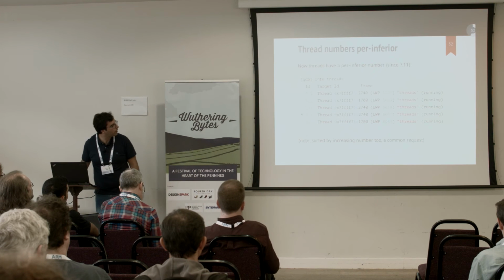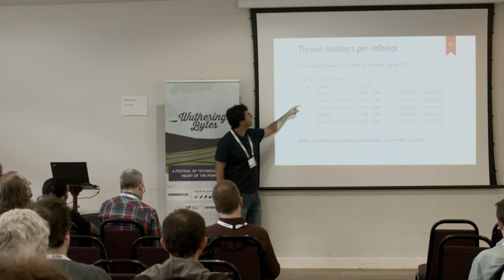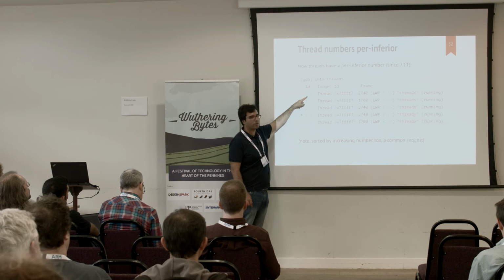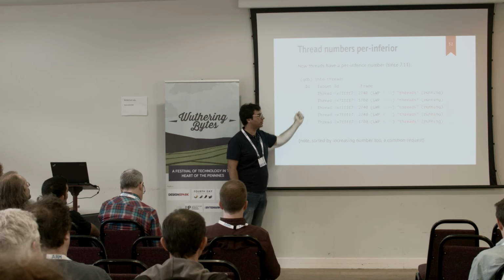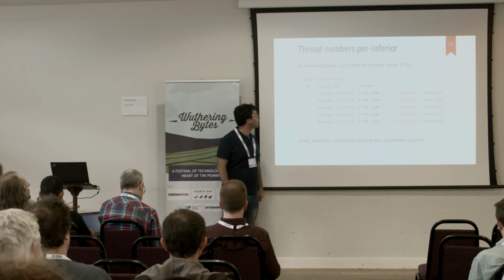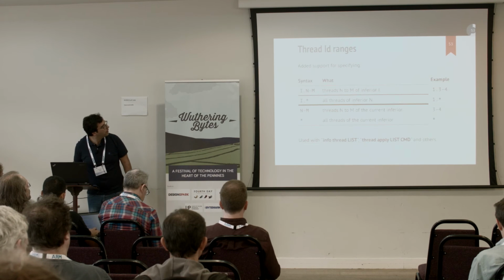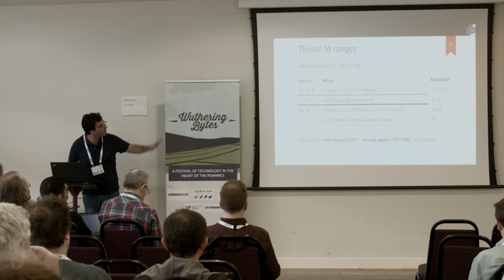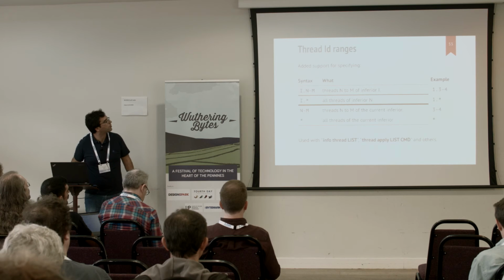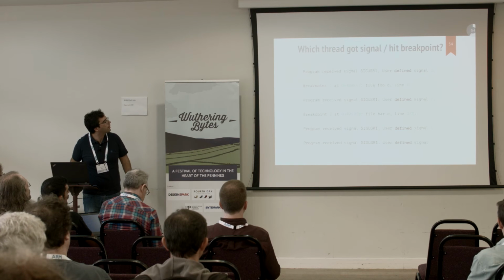So nowadays, since 7.11, you have inferior dot thread number. So a thread number is no longer unique. You need both. You need the inferior number and the thread number. So much more organized. Supports ranges and using stars to say all threads of a process.